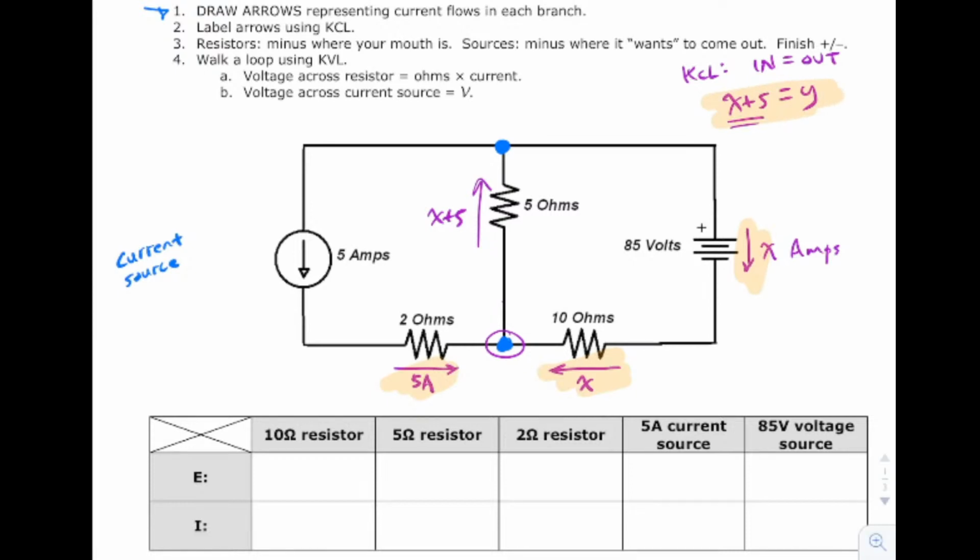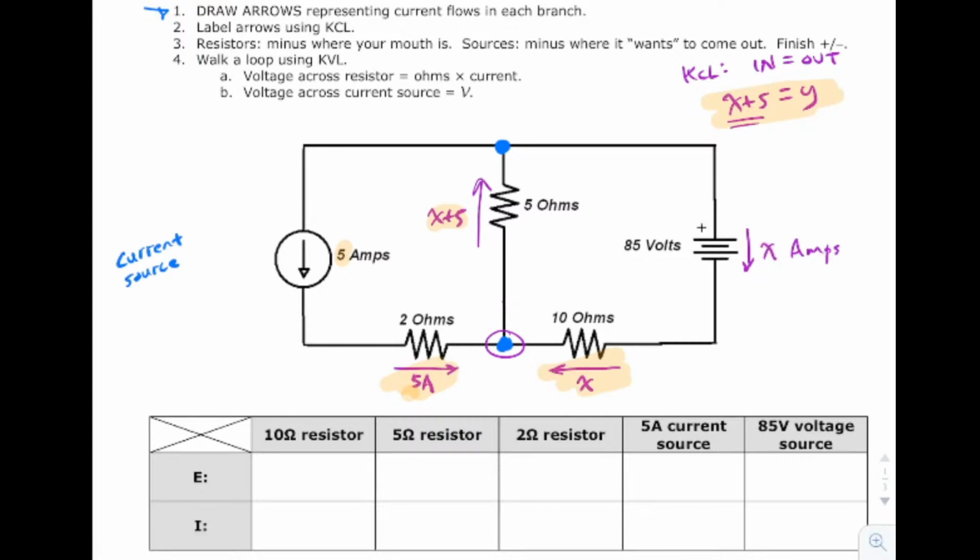Label the X when you have to. You come across something, you really don't know it, you have to call it X. I knew what this was. It was a 5, so I didn't have to call this X or Y or Z or anything. This one, I guess I called it Y temporarily, but then because I was able to solve for Y in terms of X, I'm just going to label it this way instead. It's X plus 5.